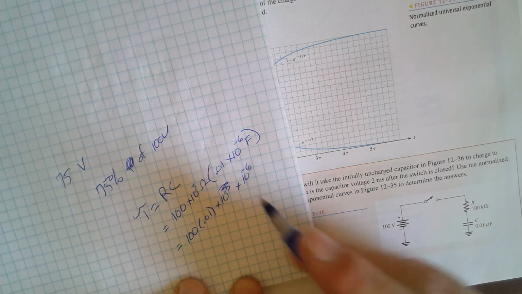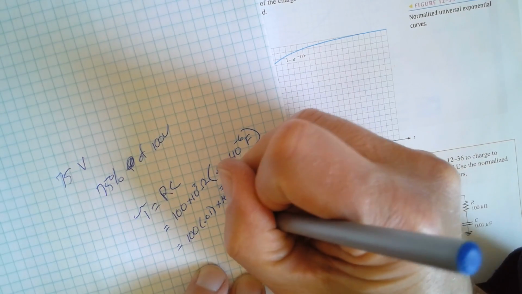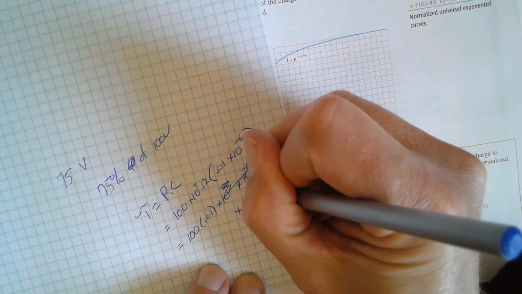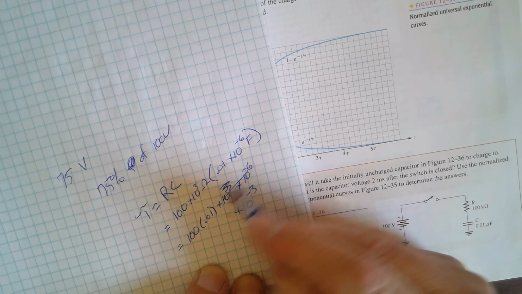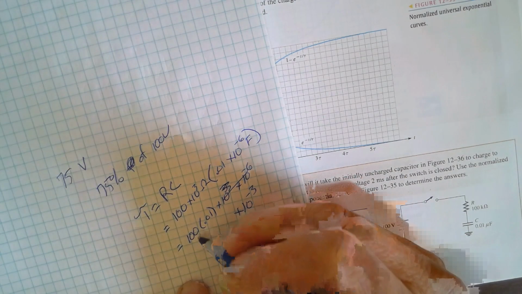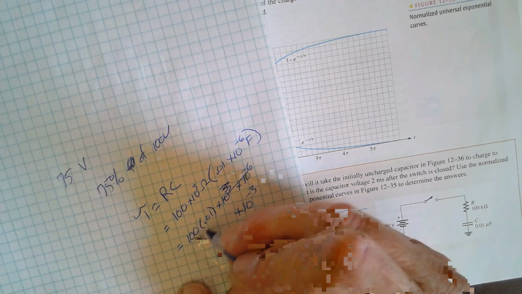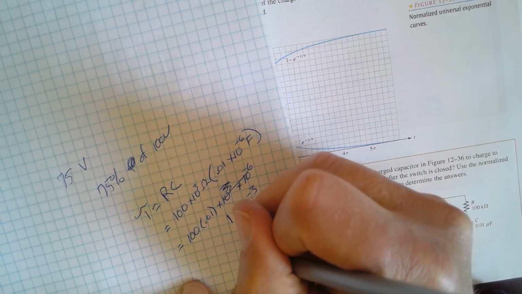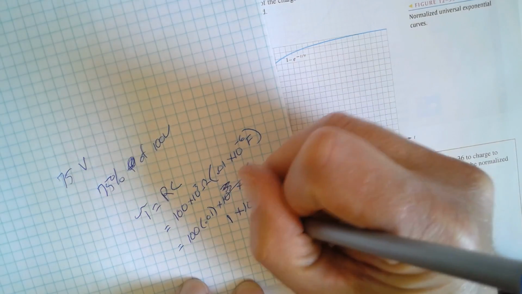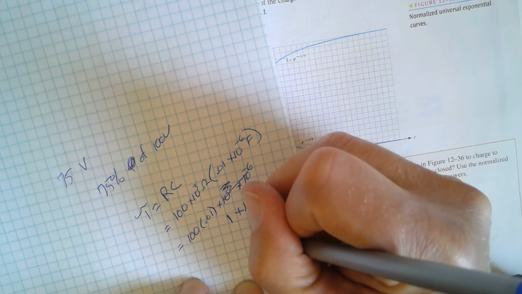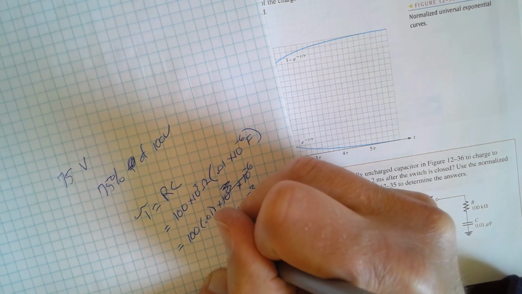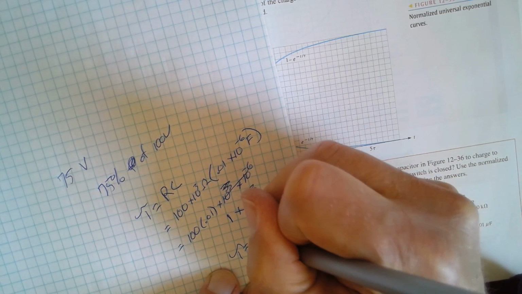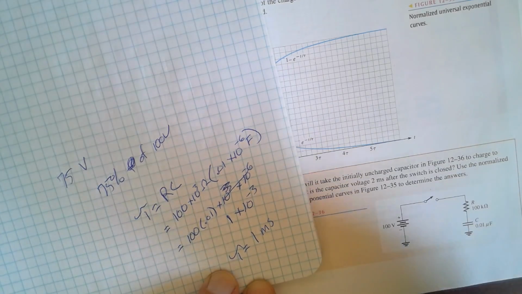So 10 to the third and 10 to the negative 6, that's going to be 10 to the negative third. Then 100 times 0.01, that's 1. So I got 1 times 10 to the negative 3, and the answer is seconds. So my time constant is 1 millisecond.